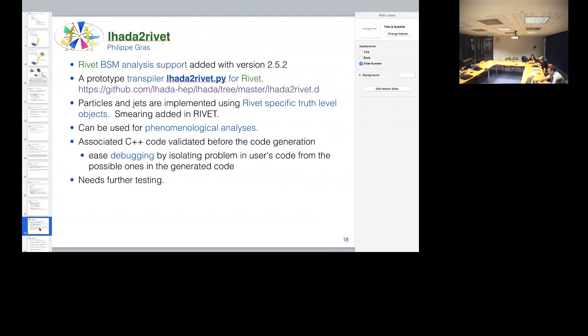It's largely to be used for pheno analyses; that's essentially the main target audience. It needs further testing, and I'm not sure exactly what the status is right now, but the people involved in Rivet seem to be quite interested in pursuing it.